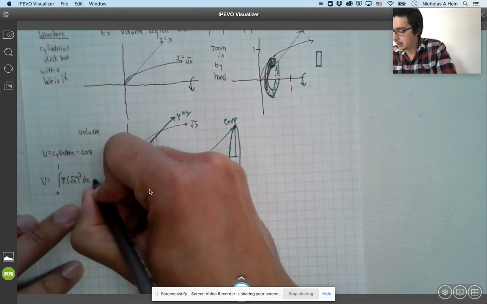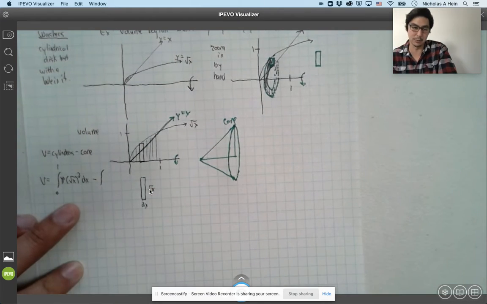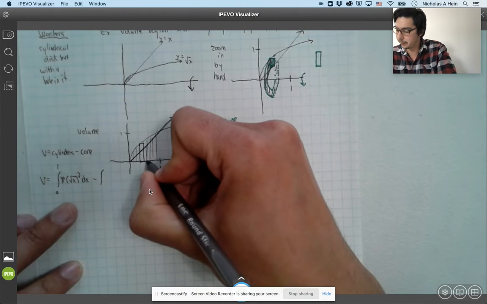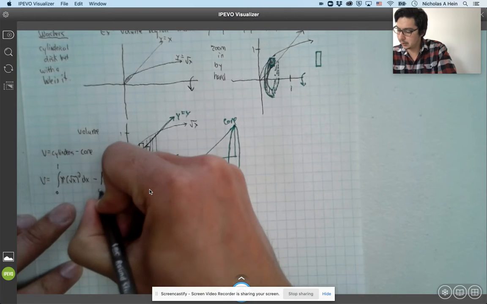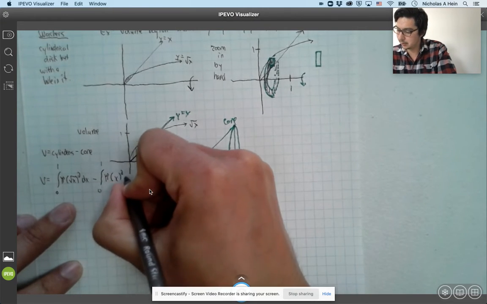And then we're going to minus the volume of the cone, which, if we use integrals, which we could do, by the way, would be 0 to 1 of pi, your radius is x, squared dx.